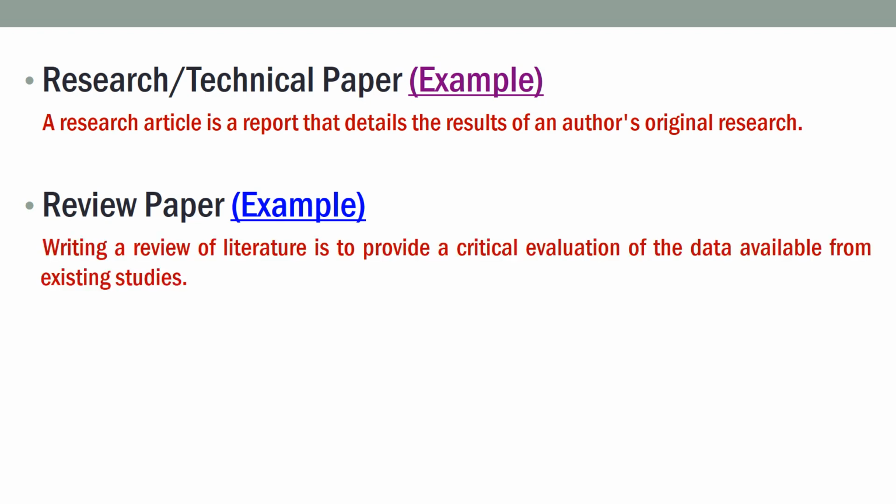In a review paper, you are reading the literature related to your research domain, research area, and while reviewing this literature, you have to point out the various findings of that particular paper. What are the limitations of that paper? What can be the scope of future research based on that paper?